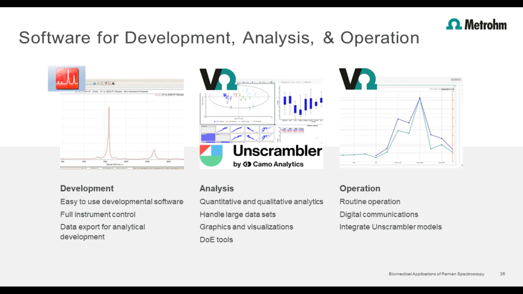So software for development, software for analysis, either through our Vision software platform or through integration with Unscrambler. And then operationally, what you develop in the analytical software can then be taken and deployed in routine operation for analysis that can be done truly at point of care with minimal training, or analysis of, again, a process that's underway.